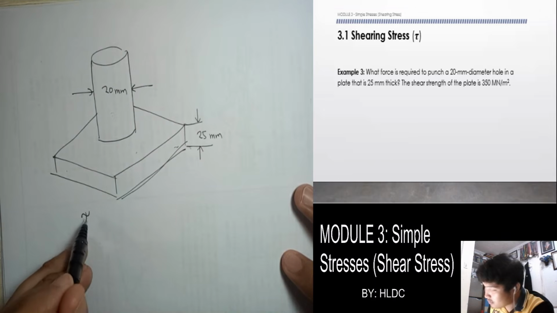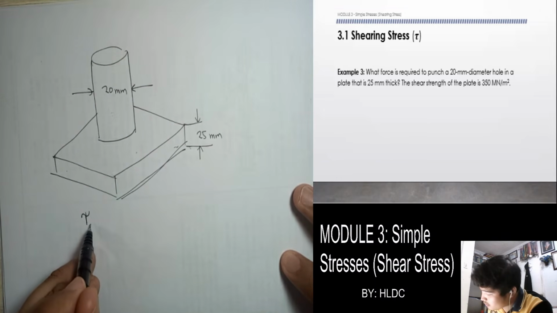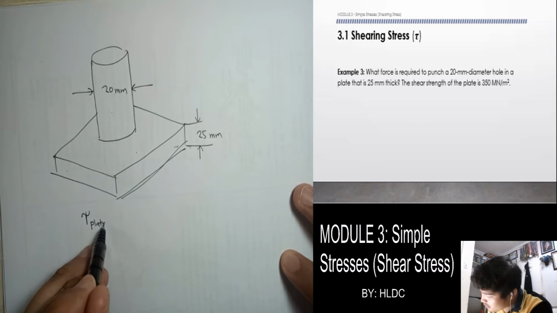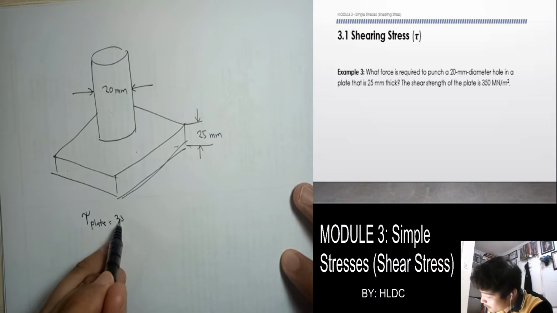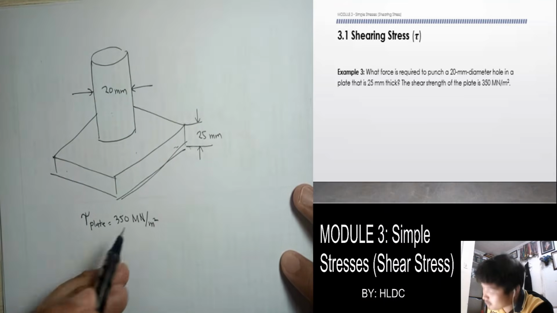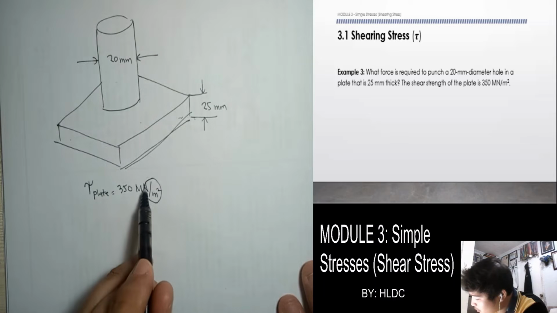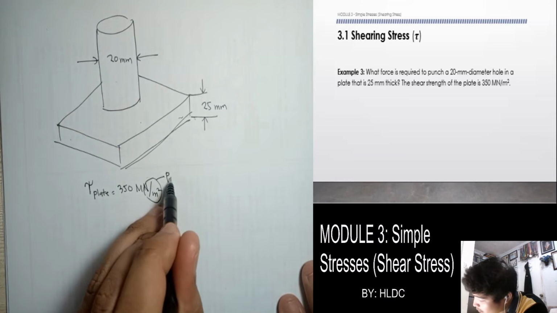So tau allowable yun class, no? Tau ng plate is equal sa 350 mega Newton per meter squared. So class, di ba ito Newton per meter squared, naalala mo ba yan class? Di ba ano yan? Pascal.